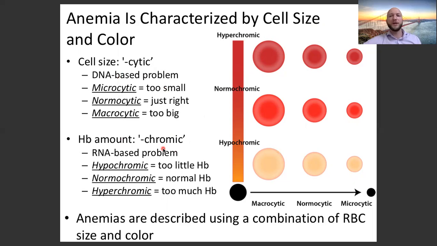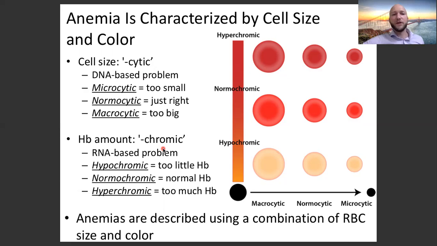Now, typically a patient doesn't just show up at your office and say, oh, I have iron deficient anemia. You have to go through the process of figuring out that that's what that patient has. So the patient comes in, you run some blood work, and you send the blood sample to the lab.